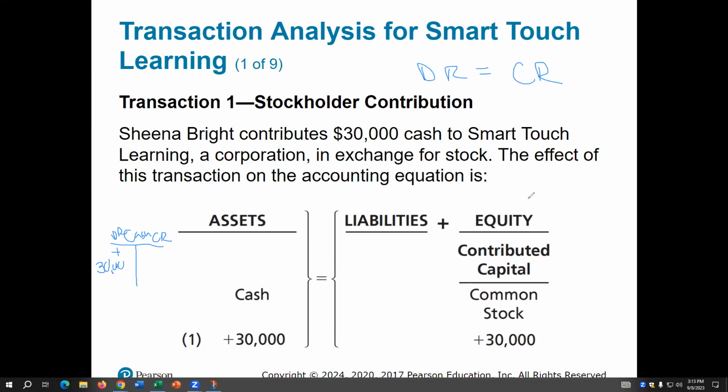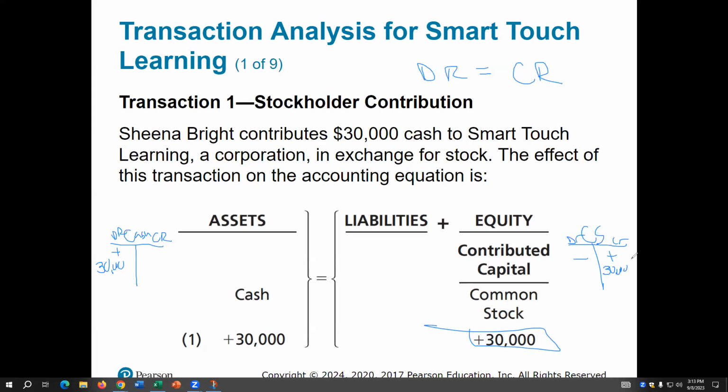Now, on the other side of the accounting equation, we've got equity here, and we've got our common stock account. That common stock, as we said before, increases by crediting and decreases by debiting. We are increasing our common stock here, so we would put the $30,000 under the common stock on the credit side over here.